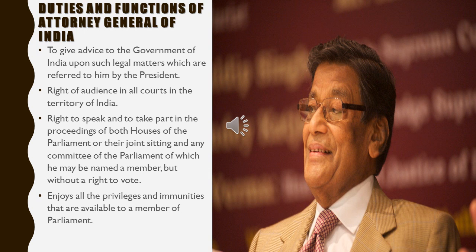So he can take part in the proceedings, but he cannot vote. For passing a bill or any resolution, he has no right to vote. But he is permitted to take part in the proceedings of both houses, and he is given the right to speak in both the houses.